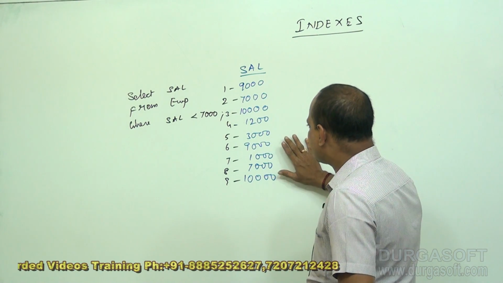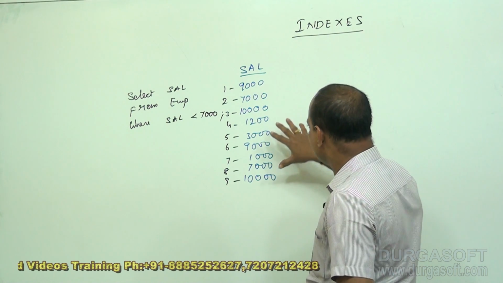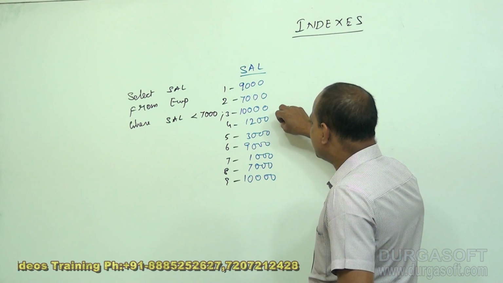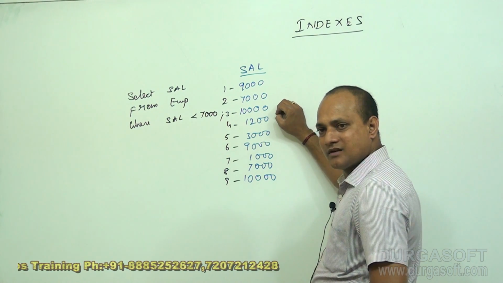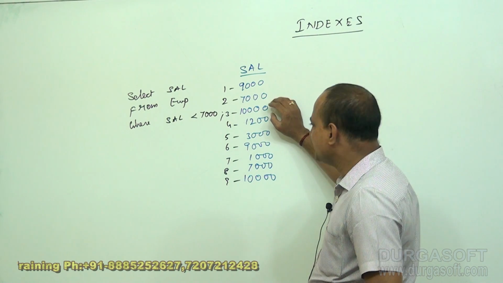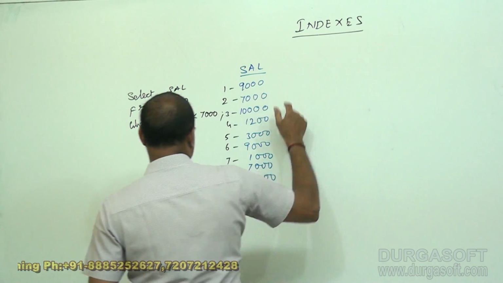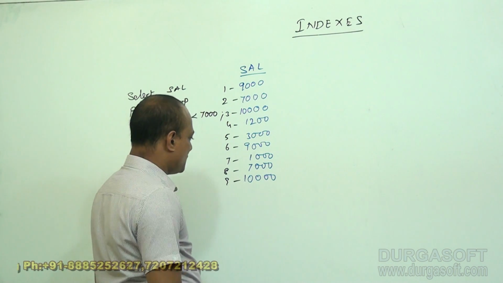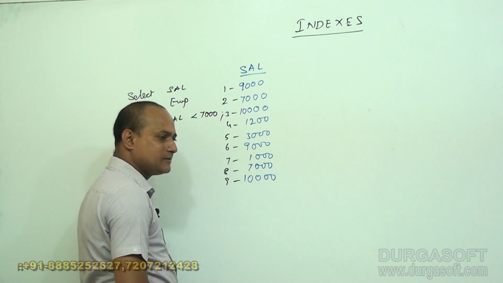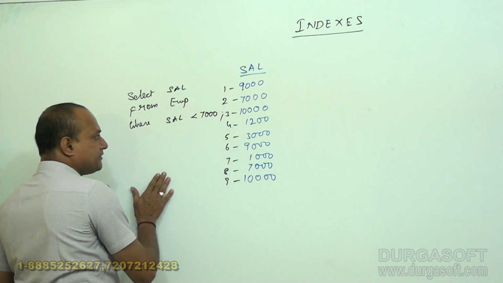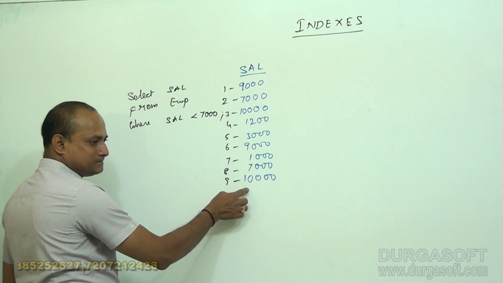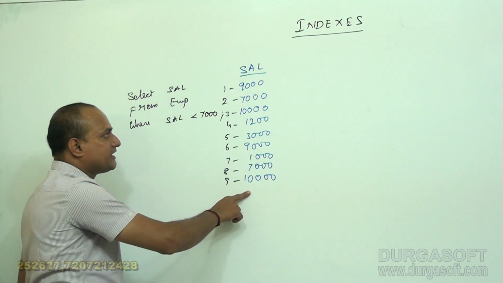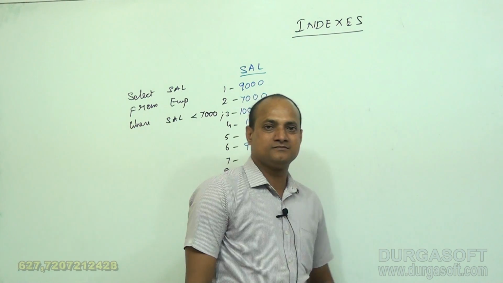How can I decrease the number of verifications? By creating an index on this column. Remember, if you are frequently verifying a condition on a column, then it is better to create an index on that column.